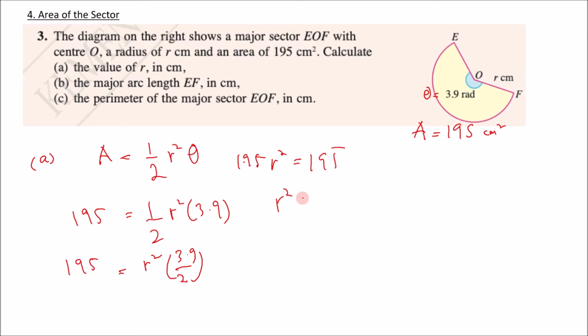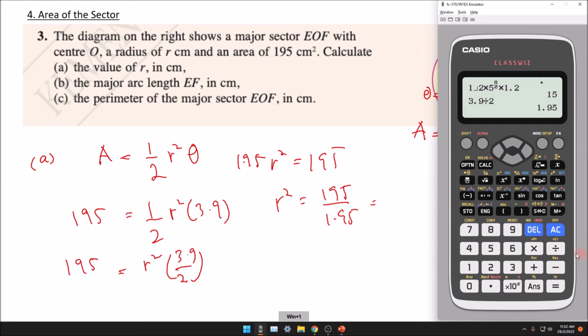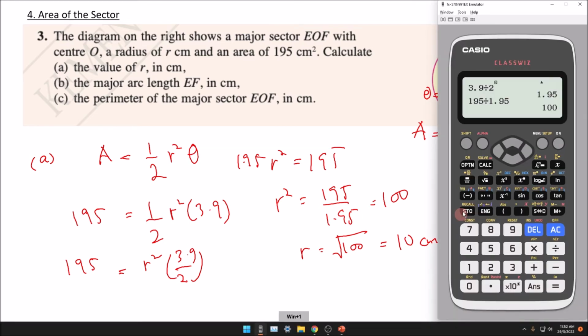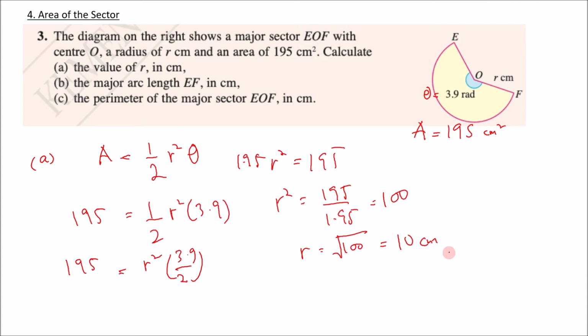And then r square is equal to 195 divided by 1.95, and then you will get 100, and r is equal to square root of 100, which is 10 cm. Okay, this is the answer. r is 10 cm.